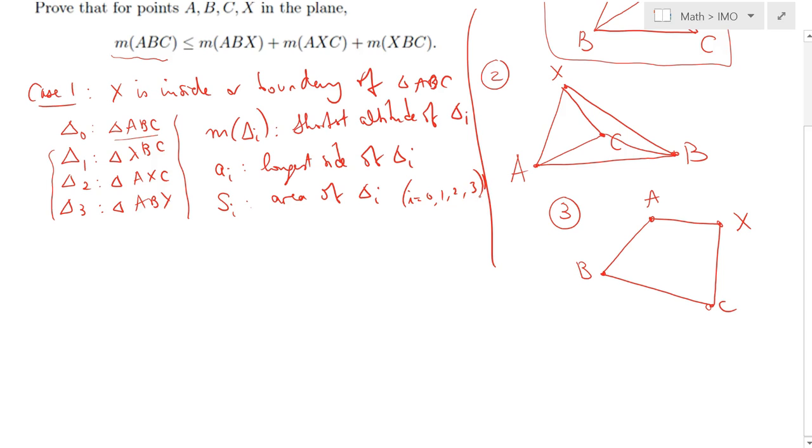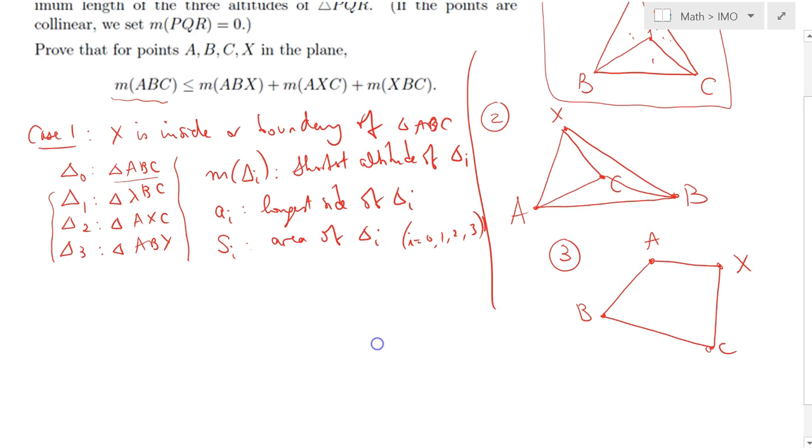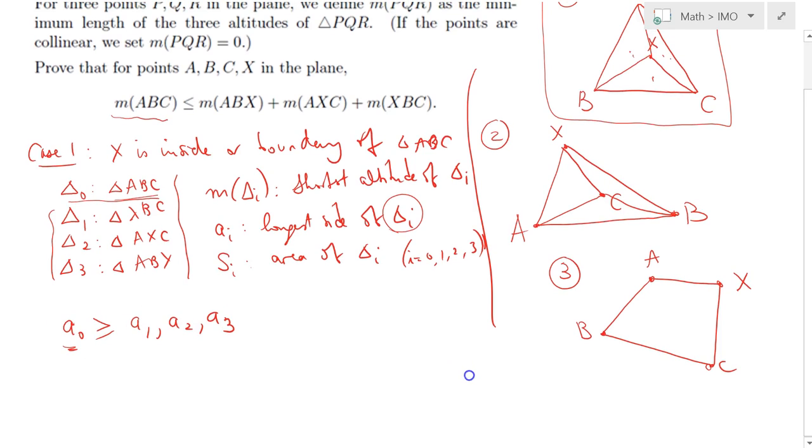Finally, let's make the following observations. First of all, obviously, the longest side of triangle ABC, A sub 0, will definitely be greater than or equal to the longest side of the remaining 3 smaller triangles, right? These 3 triangles combined make up the big triangle, and as a result, A sub 0 would definitely be greater than or equal to the longest side of the other 3 triangles.